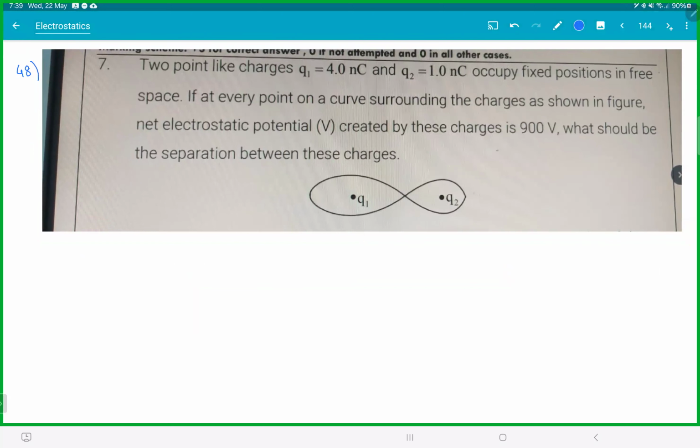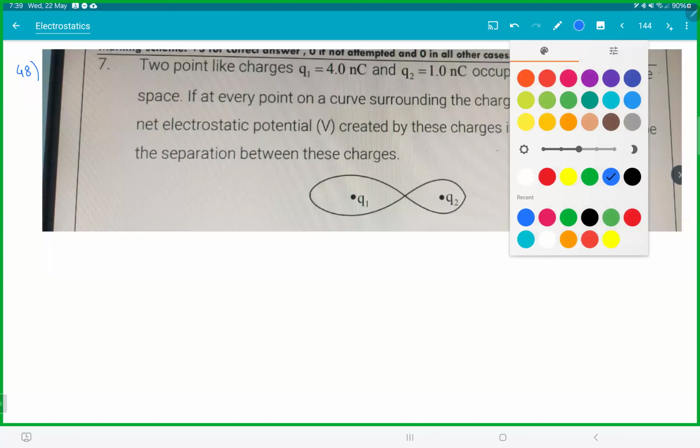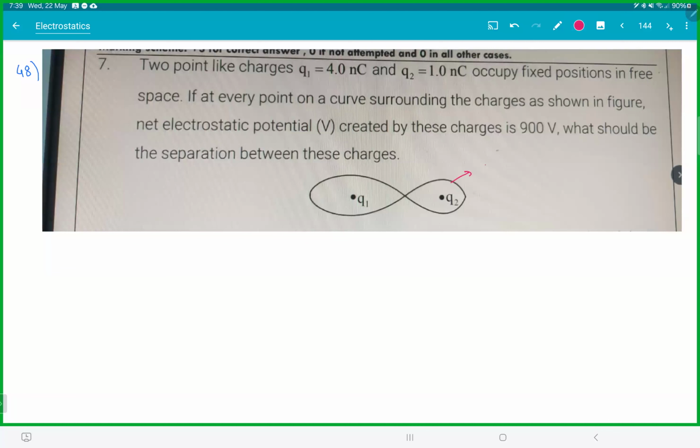We have 2 point charges Q1 and Q2 occupying fixed positions. Every point on the curve surrounding the charge shown in the figure, so basically this line which is drawn is an equipotential surface, whose potential is 900 volts. Then the question is to find the distance between the charges.